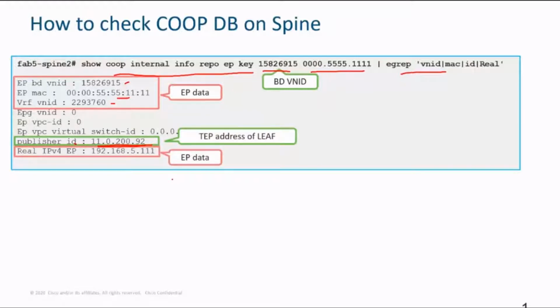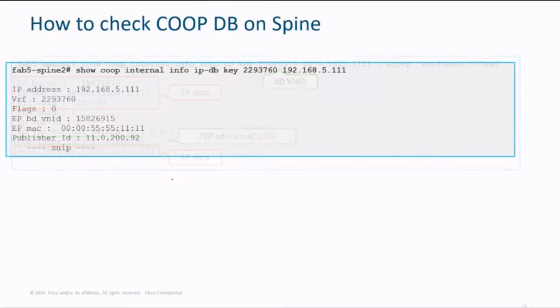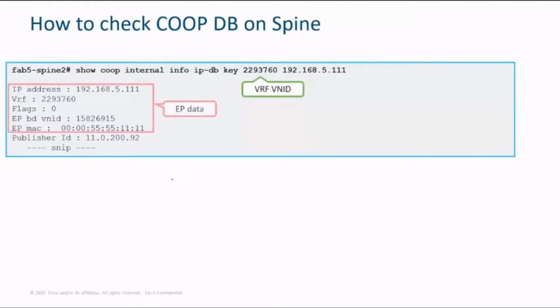So we're running this command to see the MAC address entry in the COOP database. We can run a similar command to view the IP entry in the COOP database. This time I'm specifying that VRF VNID. And here's the data. So we have the endpoint's MAC address, the endpoint's IP address, and the VRF ID, the VRF in which the endpoint resides.